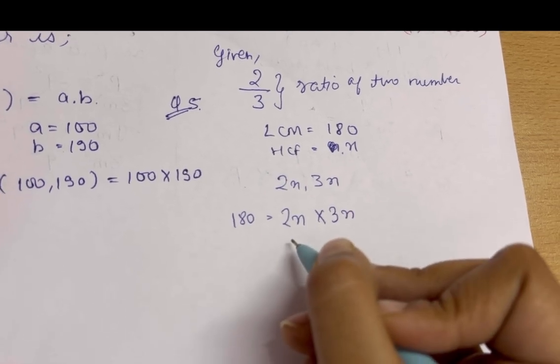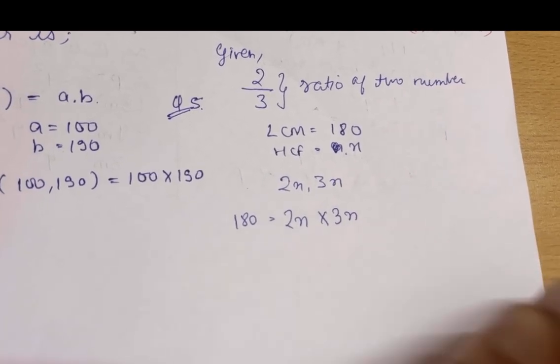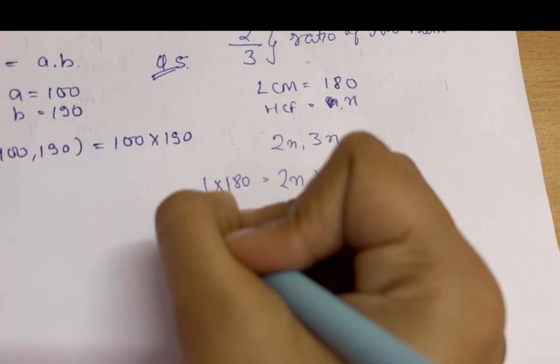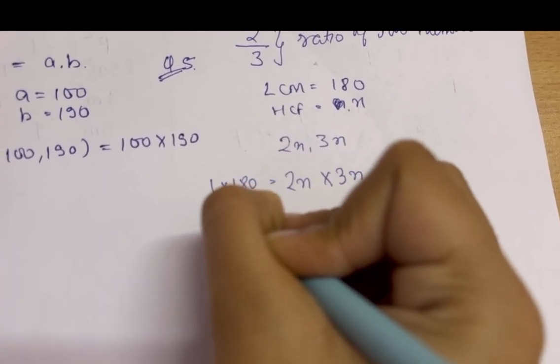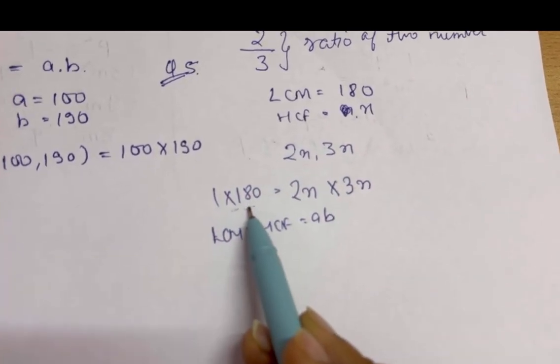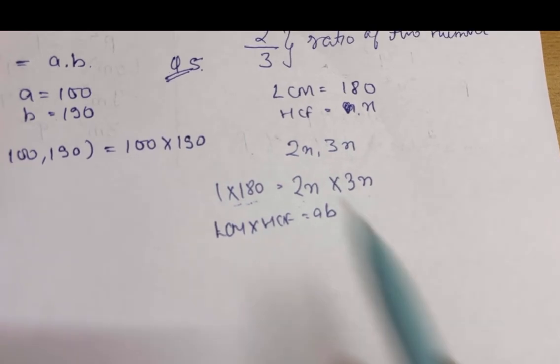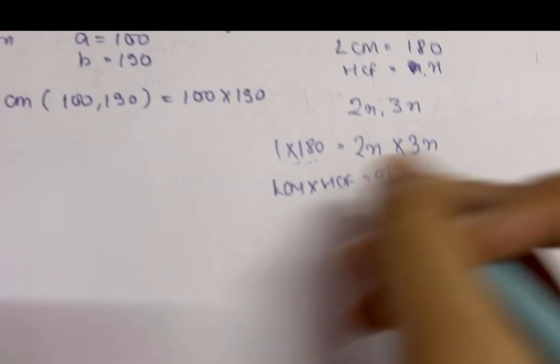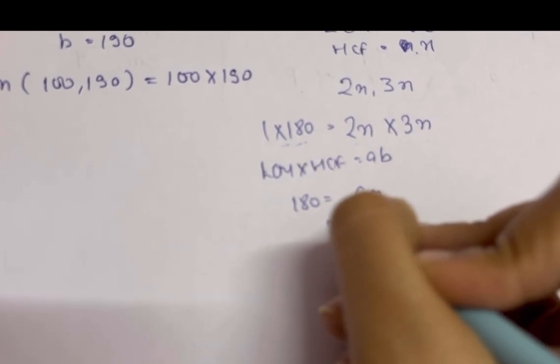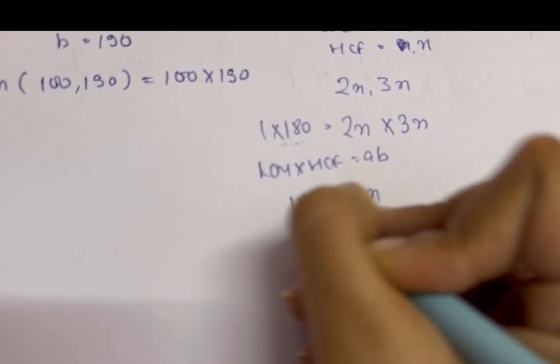As their HCF will be 1, we are using the same property we used here, that LCM cross HCF is equal to A and B. We are given that LCM is true, and as these numbers are co-prime, their HCF will be 1. So on solving this, 180 is equal to 6x, so x is equal to 30.